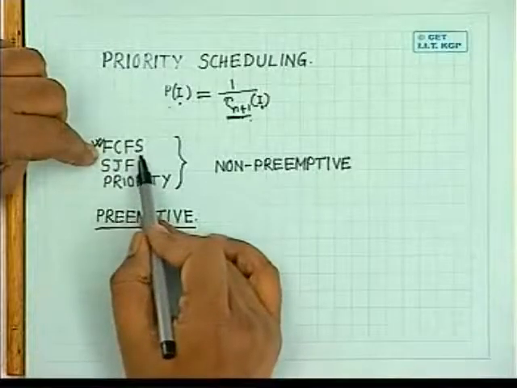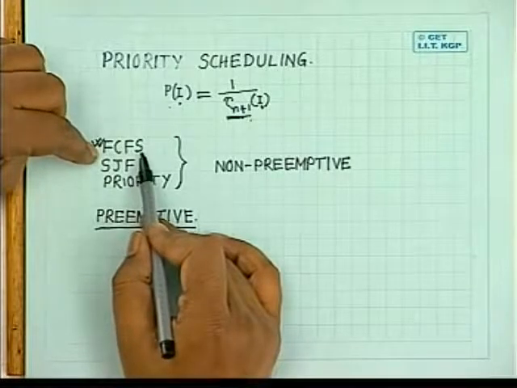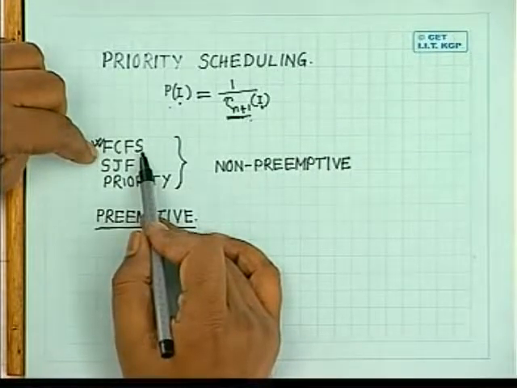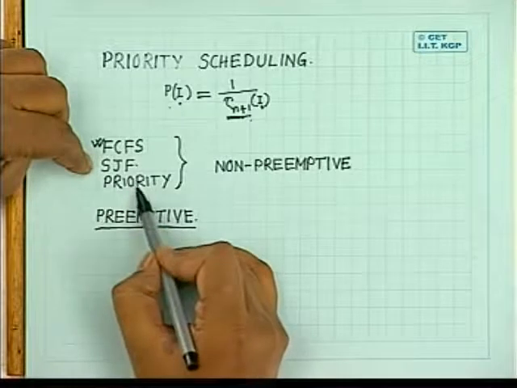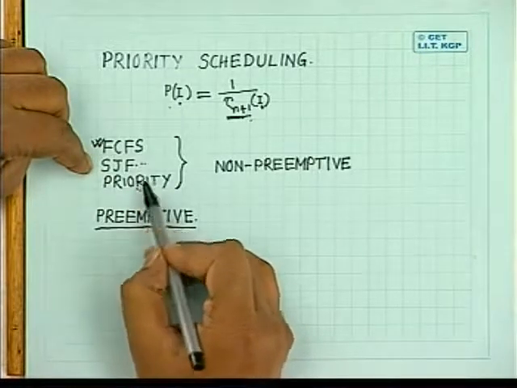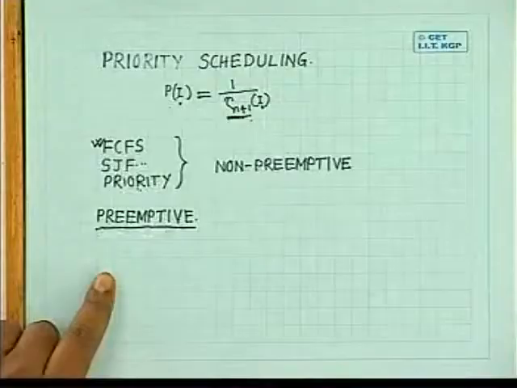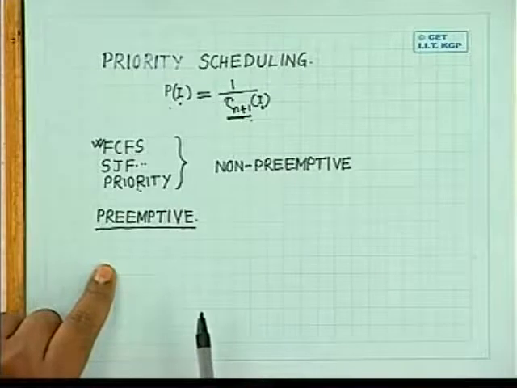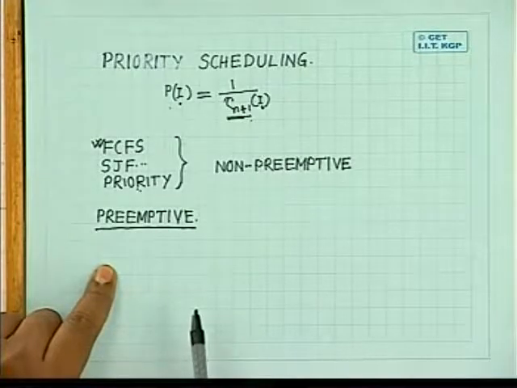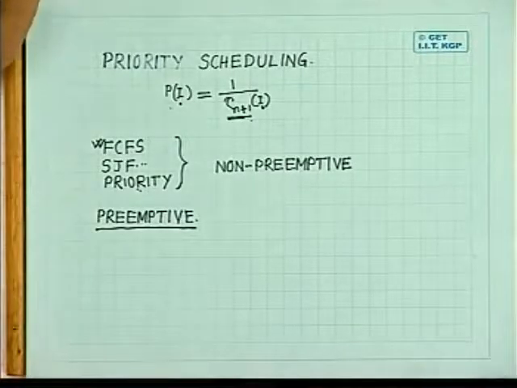So naturally, this first come first serve type of CPU scheduling cannot be preemptive CPU scheduling. Whereas the other two, the shortest job first and priority scheduling, can be modified to get preemptive CPU scheduling. So how can that be done?